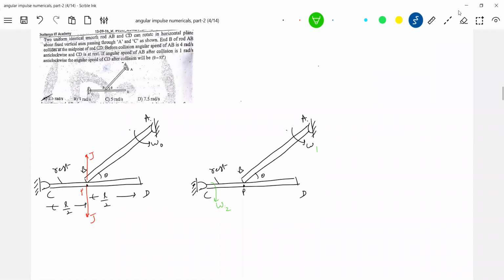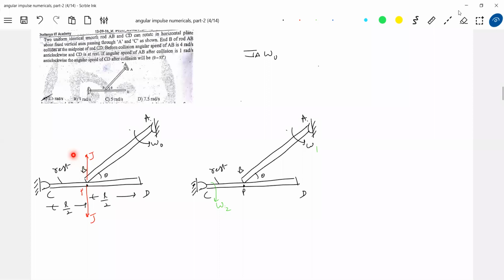Can you apply conservation of angular momentum? Nothing to do. We'll apply the initial angular momentum and angular impulse equation. So the initial angular momentum of the rod, straight away I'll write the equation: I_A omega naught. What is the impulse? J cos theta. I'll resolve the component of impulse. This is 90 minus theta, this is theta here, no?